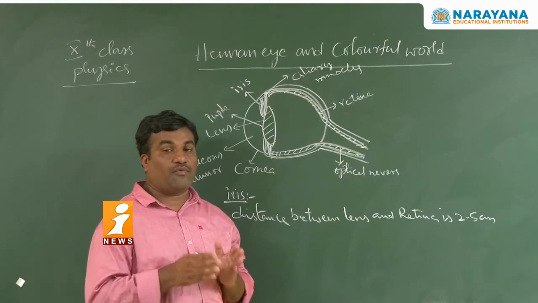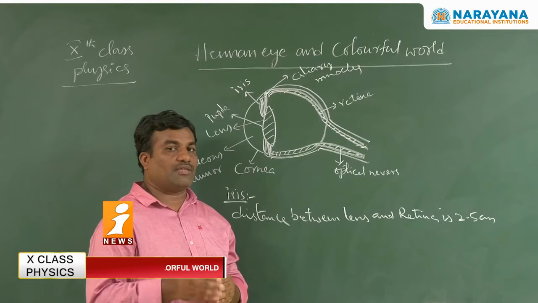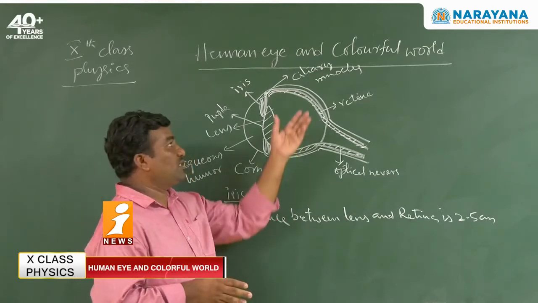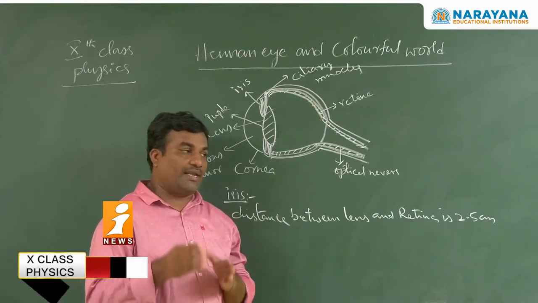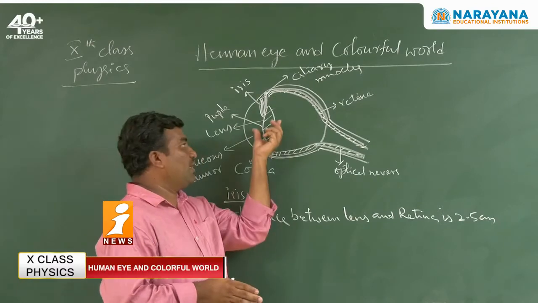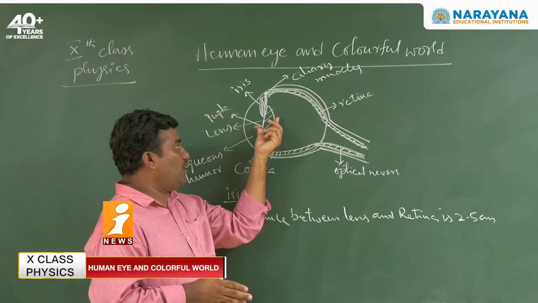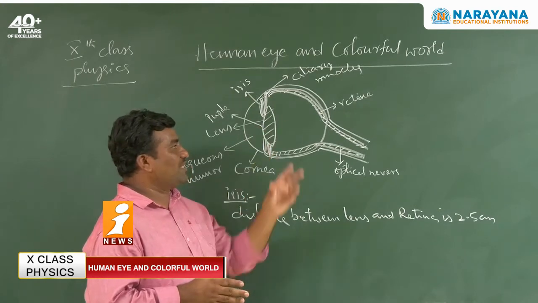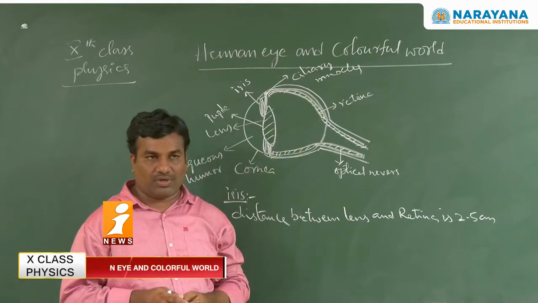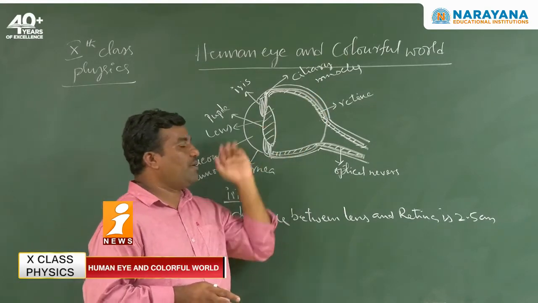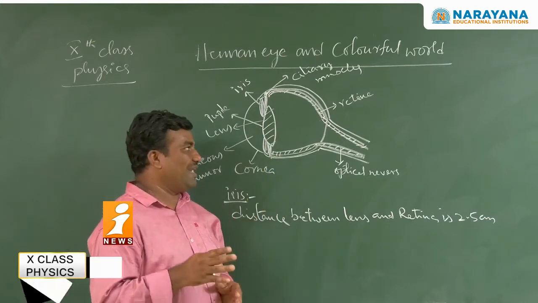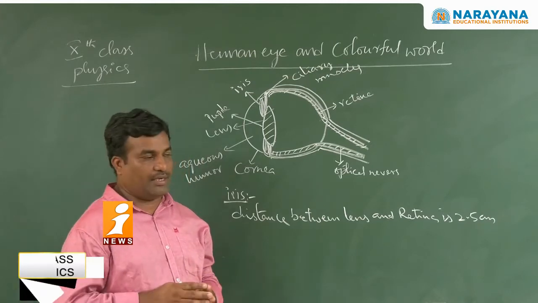The ciliary muscles play the key role in changing the focal length and radius of curvature of the eye lens. For a long-distance object, the focal length of the eye lens is maximum, so we get a clear image on the retina.